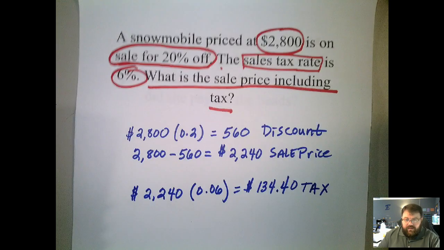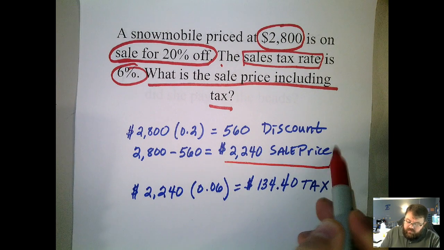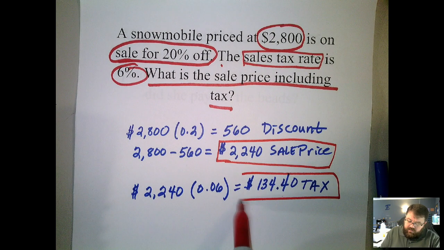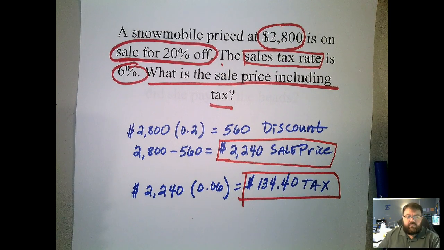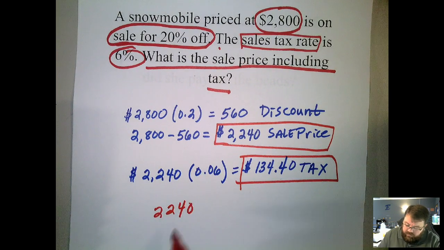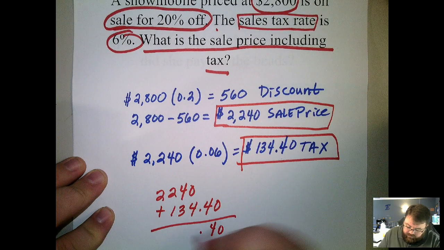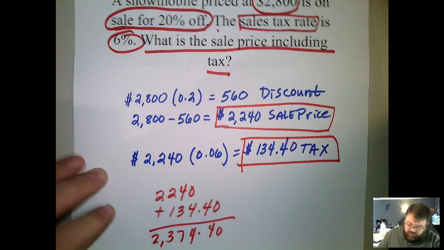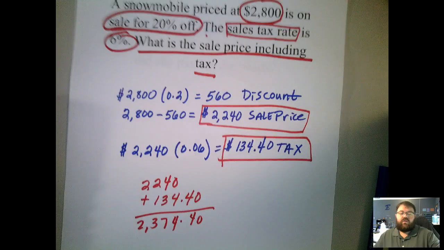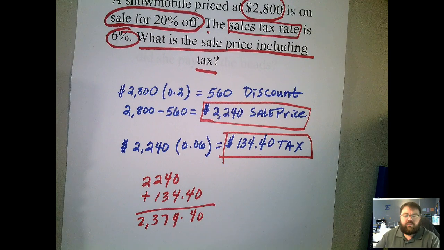Well, to get my final price, I'm going to take my sales price and my tax, and add them together. So I'm going to take the $2,240, and the $134.40, and add those together. Okay, so $2,374.40 is going to be your final cost.